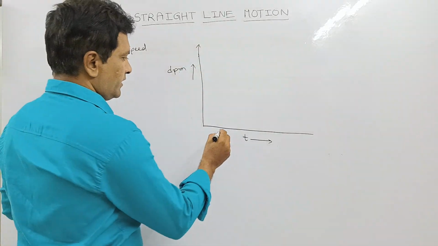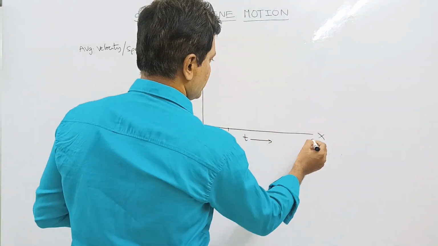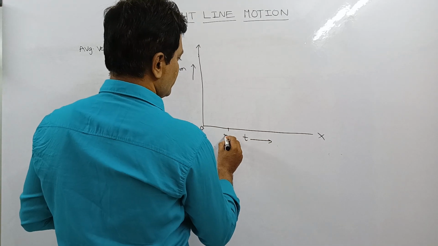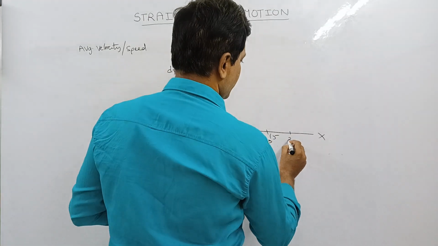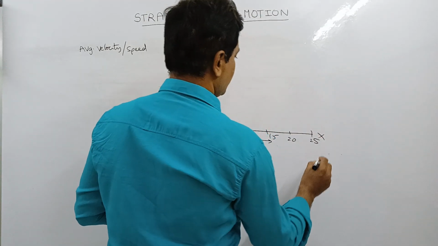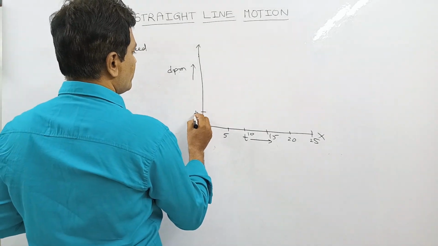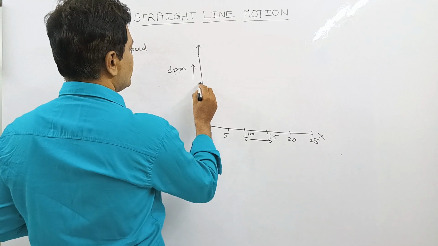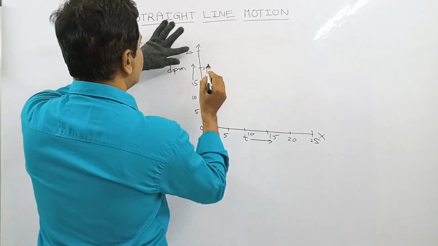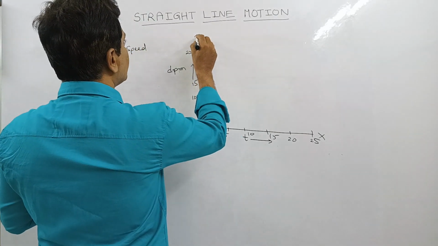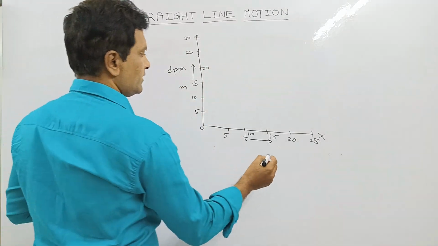Here we will calibrate the x-axis, suppose in 5 seconds, 10 seconds, 15 seconds, 20 seconds, 25 seconds. Here the displacement is 5 meters, 10 meters, 15 meters, 20 meters, 25, and we can write another term, 30 meters. So it is in meters, it is in seconds.